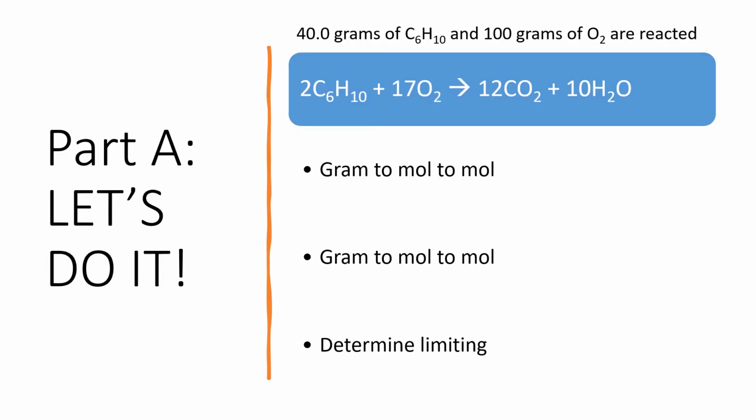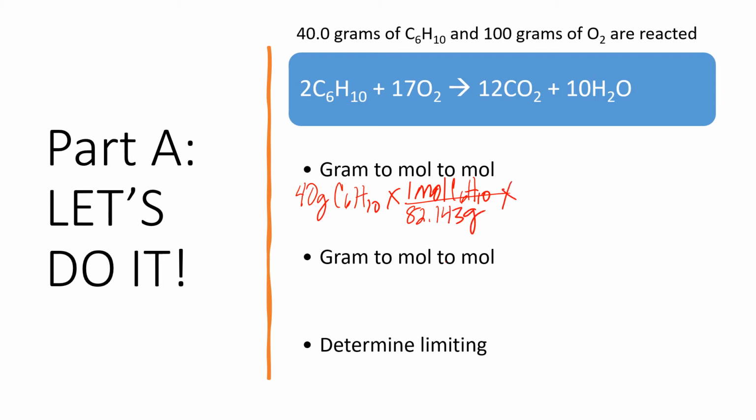So let's get started with this problem. We know we have 40 grams of C6H10. We made sure we knew all the molar masses. So we're going to say, okay, 1 mole of C6H10 for every 82.143 grams.